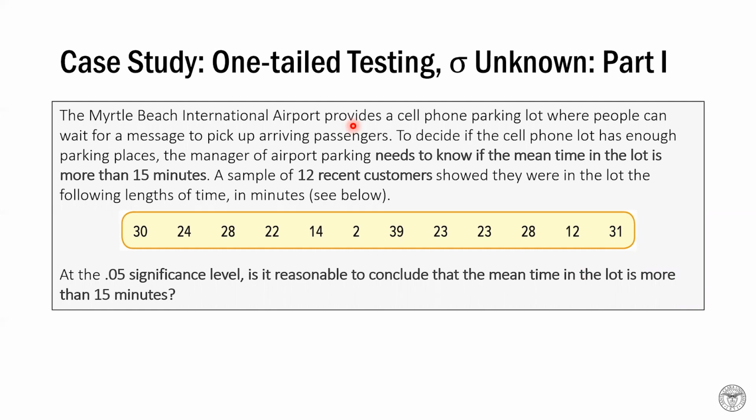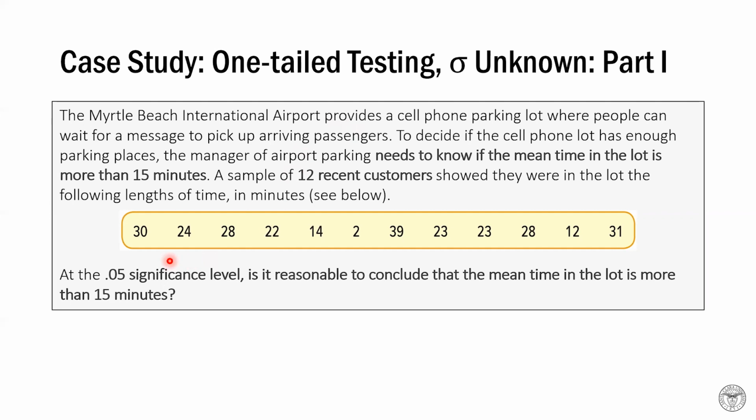To decide whether the cell phone lot has enough parking places, the manager of the airport wants to know if the mean time in the lot is more than 15 minutes. To do so, they collect a sample of 12 recent customers to know about the waiting time in the lot.